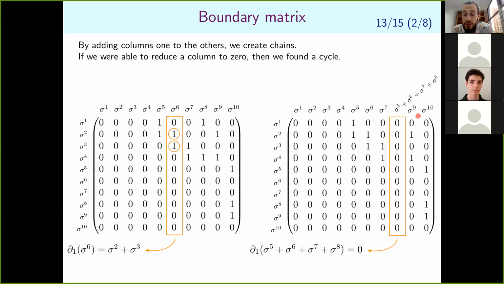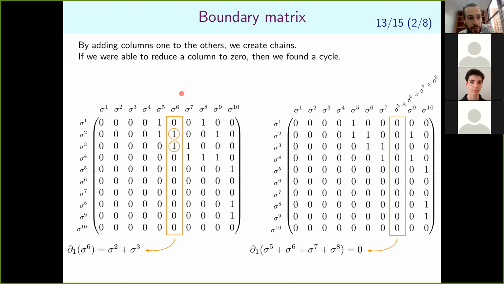And since we have a matrix, we can do linear algebra. We can manipulate the columns. And this is what we will do. First, remark that by adding columns one to the other, we can try to reduce columns to 0. And if we are able to reduce columns to 0, this means that we created a cycle.